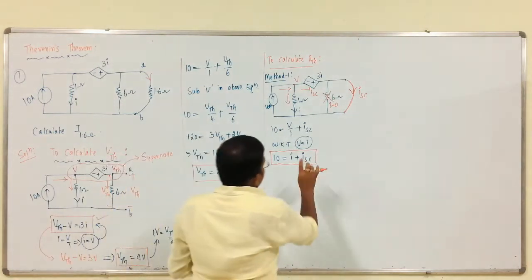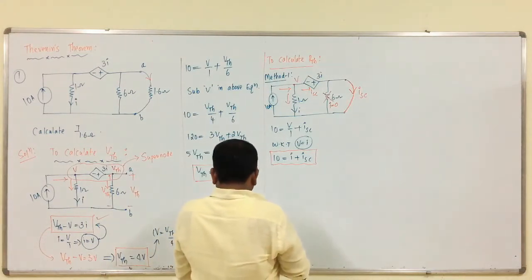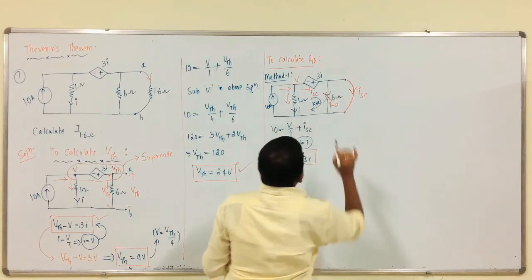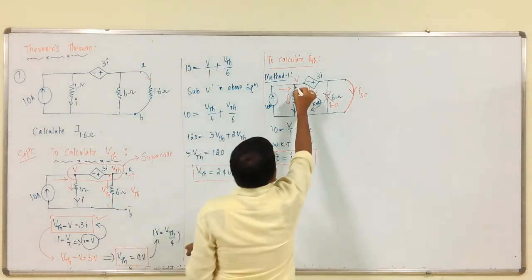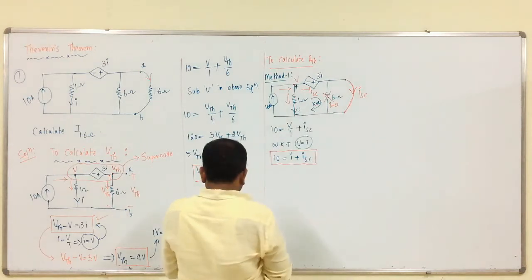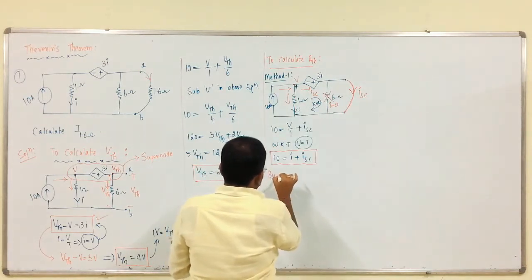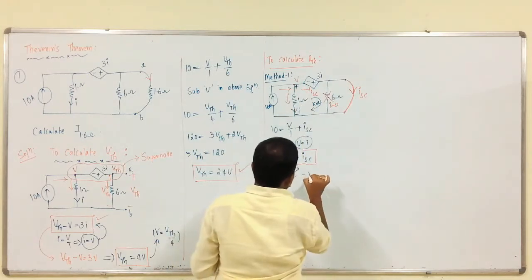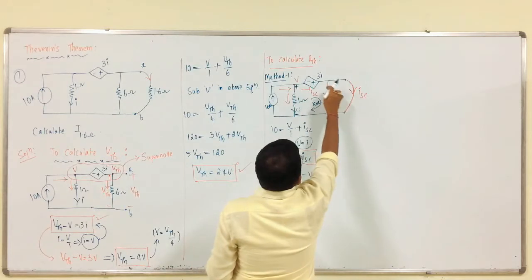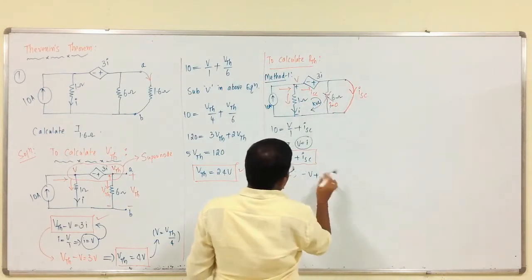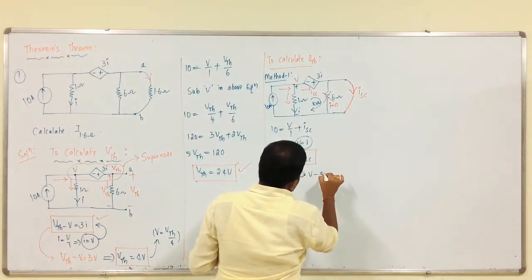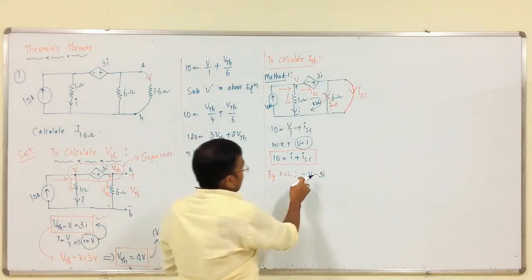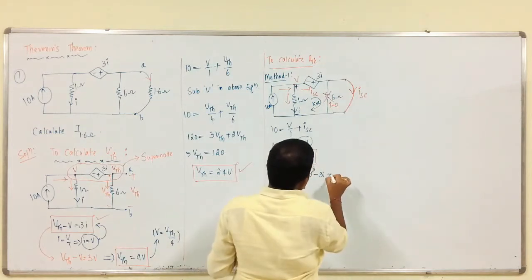We have to get ISC, therefore apply KVL in this loop. This is plus, this is minus. By KVL, minus V minus 3I is equal to 0.